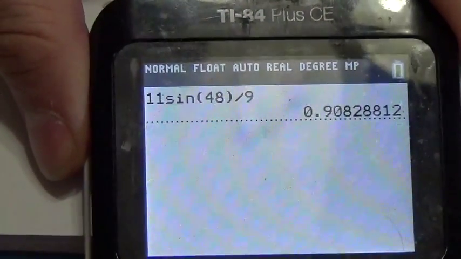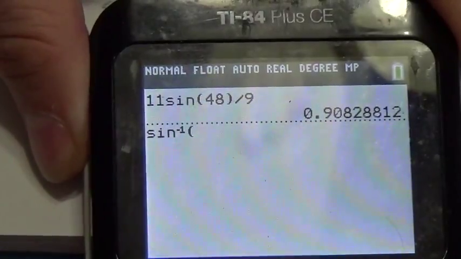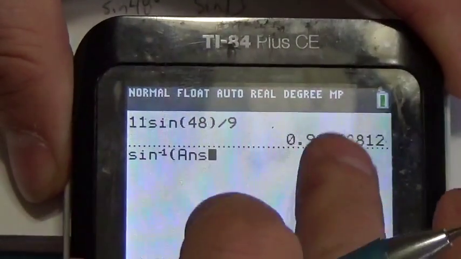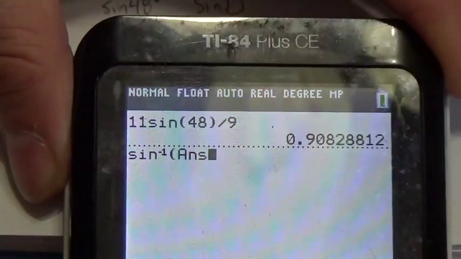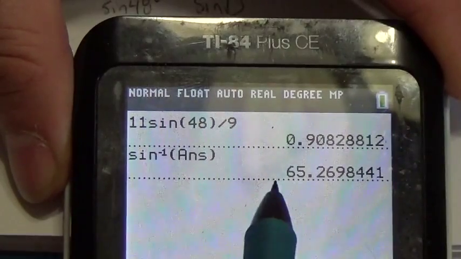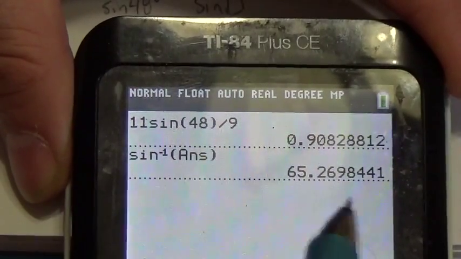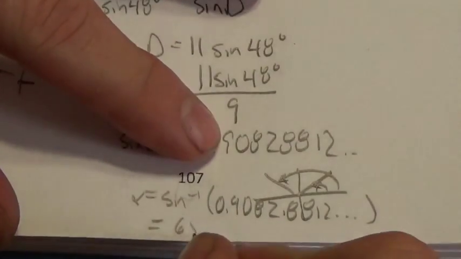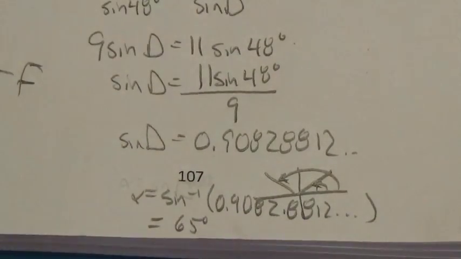I'm just going to press second sine, and then second, and then right here above my negative symbol there is the answer. And that's going to take that number that I just calculated and plug that in there as my answer. And when I do that, I get 65 degrees. Now, granted, I've got to round that to the nearest degree, but I'm okay with that right now. So it's 65 degrees.